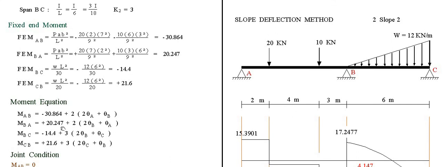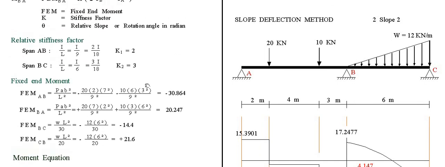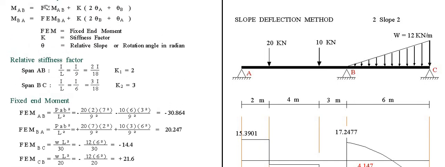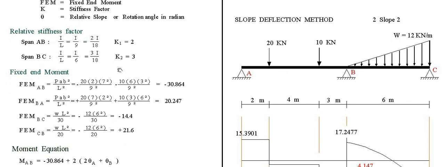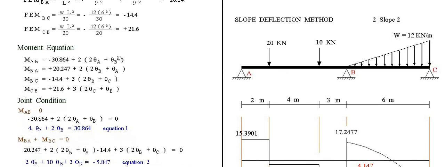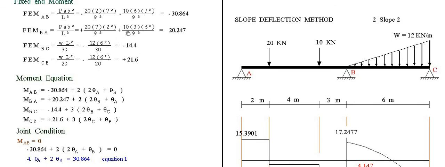Fix the formula for the moment of AB. The formula is the fixed end moment plus the stiffness factor times theta A, theta B. Remember this: fixed end moment first, then the stiffness factor, then theta A, theta B. Okay, so we have the moment equation for AB: fixed end moment first, minus 30.864, then the stiffness factor.